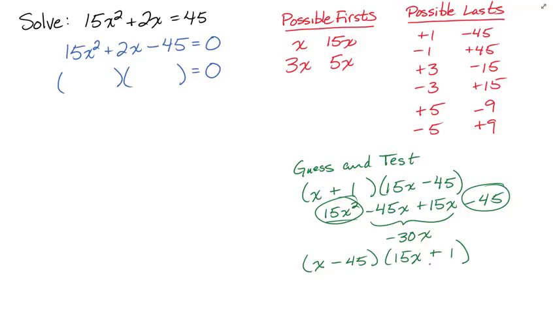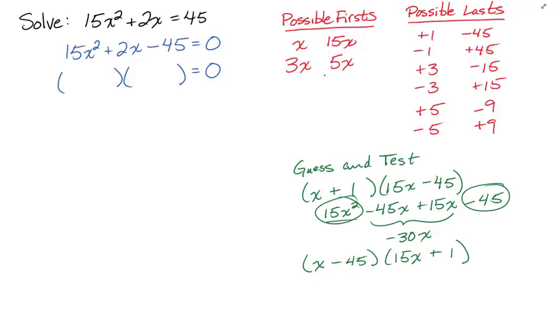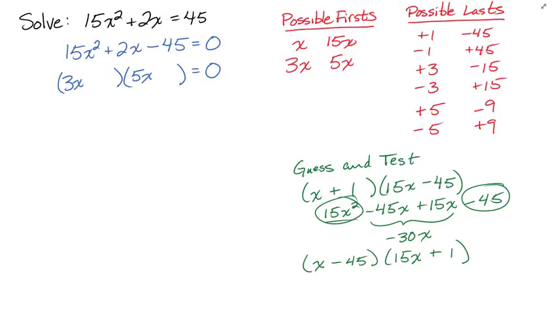We can try that, and we can hopefully find something fairly quickly, but in general I always try to pick numbers that are kind of the close ones. So for my first one, I hardly ever would go x and 15x, because 1 and 15 are far apart. I will very often start with a 3x and a 5x because they're just closer, especially if this middle number is small.